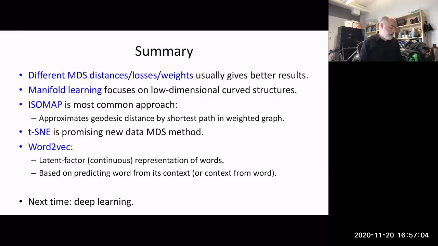for learning embeddings. Manifold learning focuses on learning low-dimensional curve structures in a higher dimensional host space. ISOMAP is one of the most common approaches.